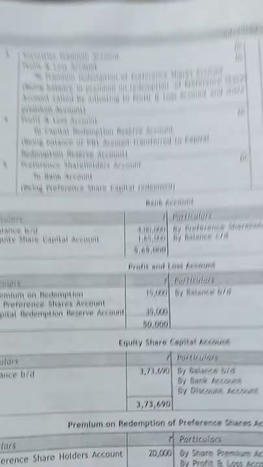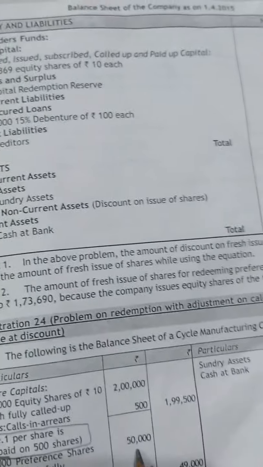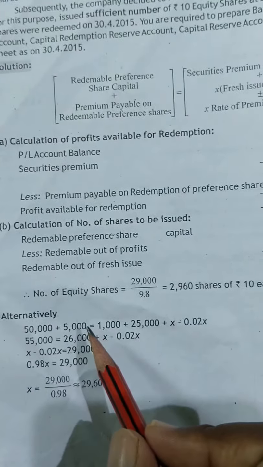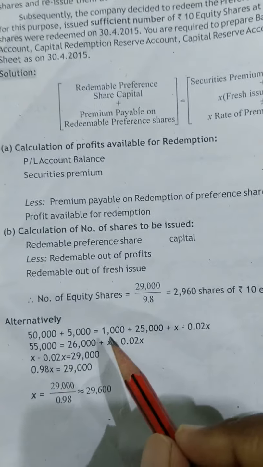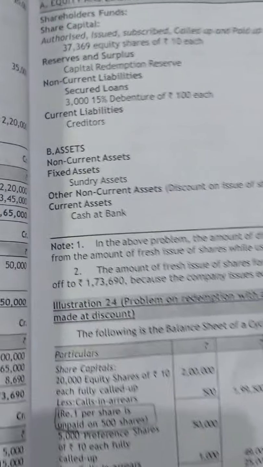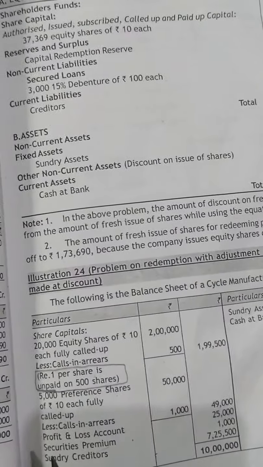So in total we have preference shares of rupees 50 plus premium, so they are telling that 10% premium is 550,000 into 10, you will get 5,000. You need to check securities premium. So in your question there is a securities premium of 1000 and divisible profit of 25.